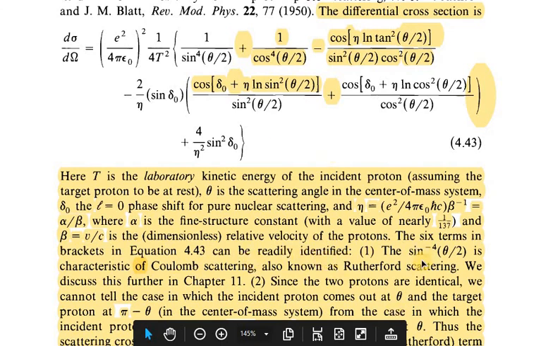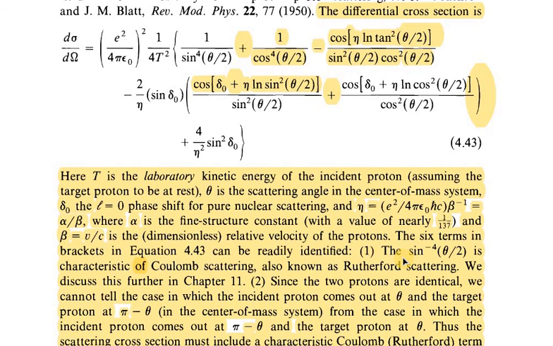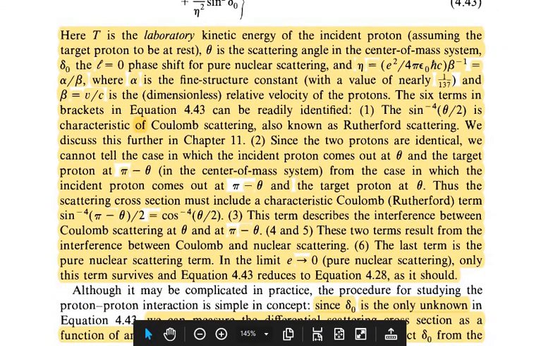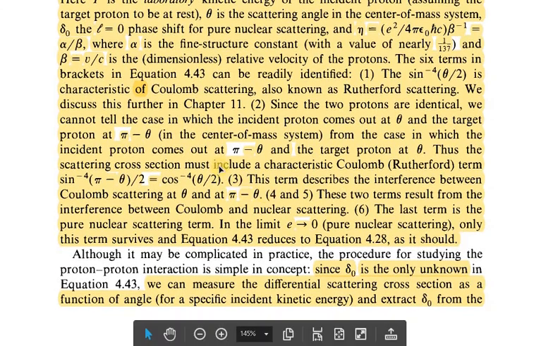The first term, sine to the power minus 4 of theta by 2, is characteristic of Coulomb scattering, also known as Rutherford scattering. Second term: the two protons are identical. We cannot tell the case in which the incident proton comes out at theta and the target proton at pi minus theta, in the center of mass system, from the case in which the incident proton comes out at pi minus theta and the target proton at theta.